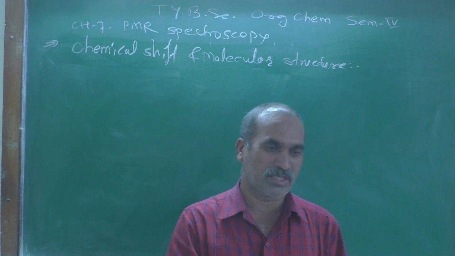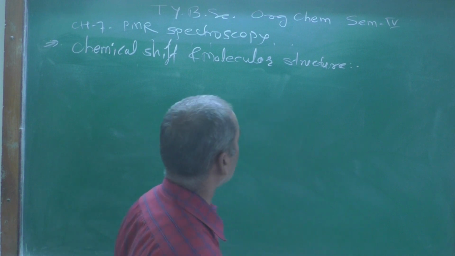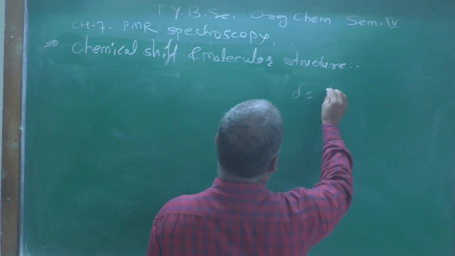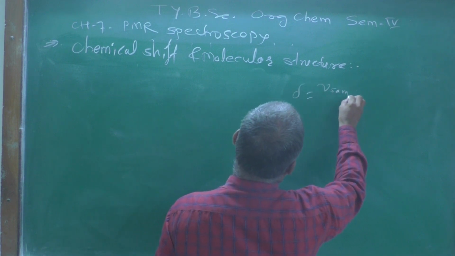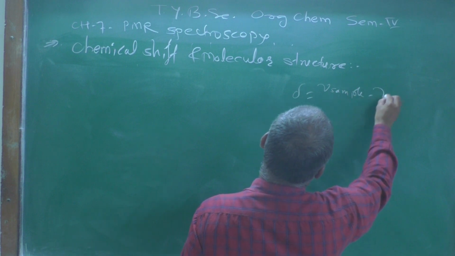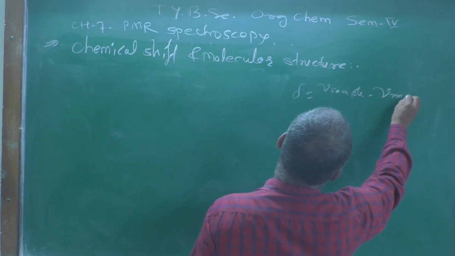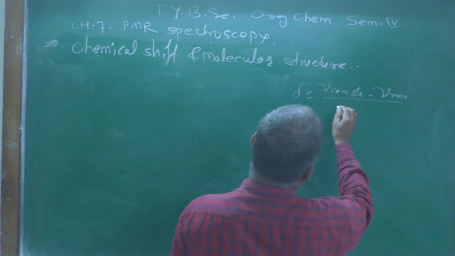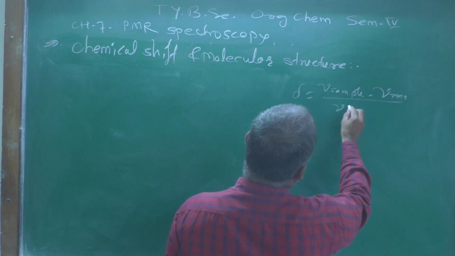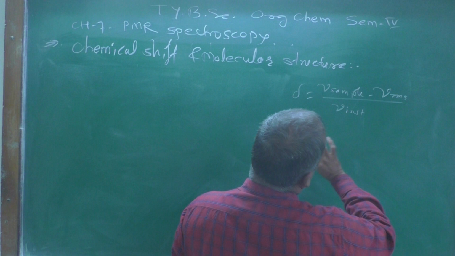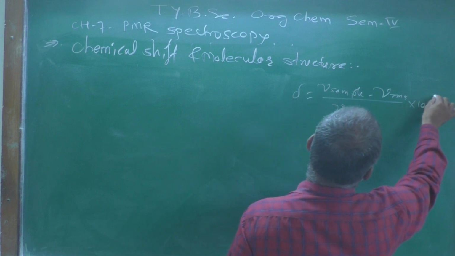In short, we can write delta is equal to ν sample minus ν TMS divided by ν instrument into 10 raised to 6.